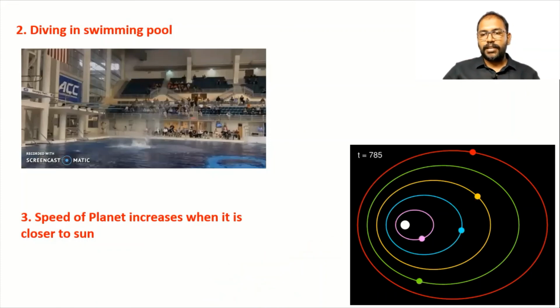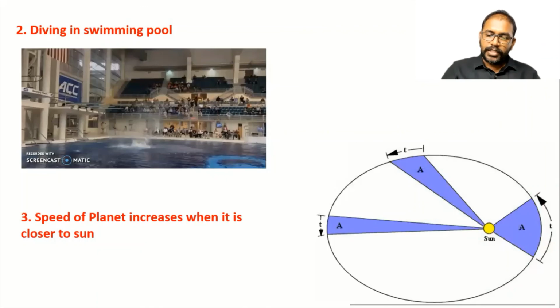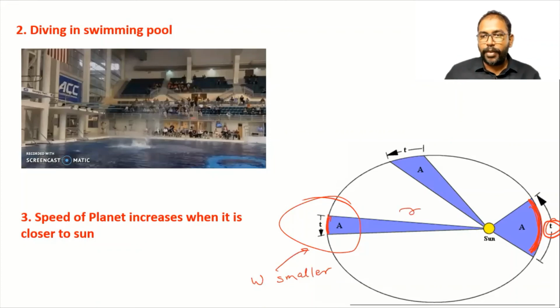Because of that, we have the second law: areal velocity of the planet is constant. When the planet is closer to the sun, in the same time t it covers a larger distance. But here the distance is smaller because the angular speed is smaller. Why smaller? Because distance is larger, moment of inertia is larger, so omega is smaller.